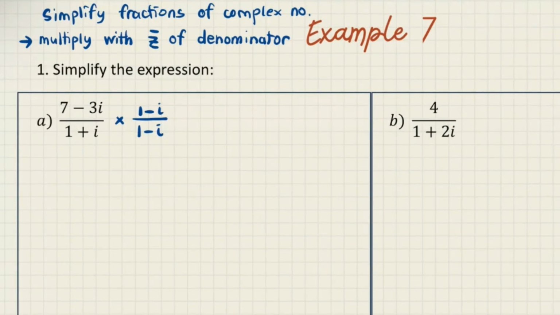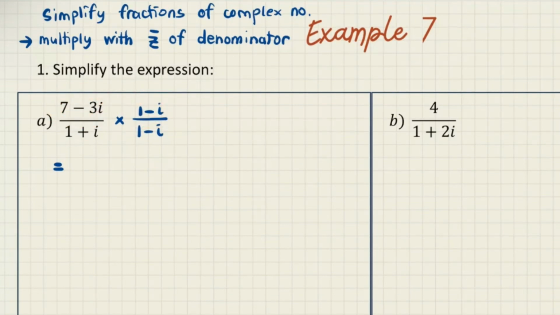So now saya kata tadi kita akan darabkan, multiply this fraction with the conjugate of the denominator. Okay, so that means 7 minus 3i will be multiplied by 1 minus i. Okay, so 7 tolak 3i.